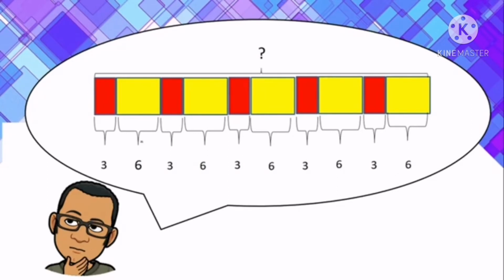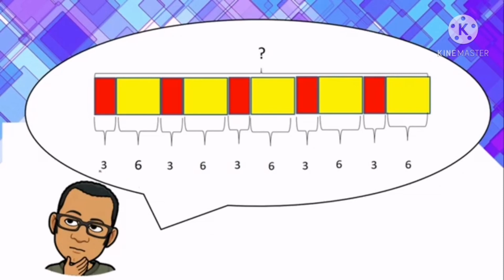Or, yung ibang bata naman ang gagawin is to multiply all threes, 1, 2, 3, 4, 5 times 3. Then 1, 2, 3, 4, 5, so 6 times 5. Then i-add nila. Okay? Another way yon.